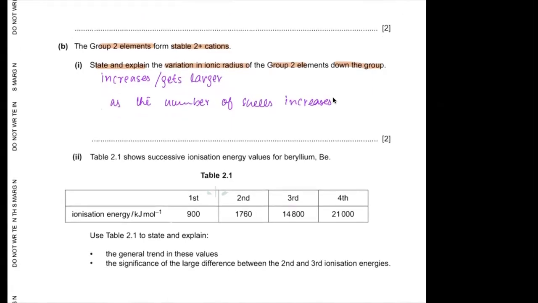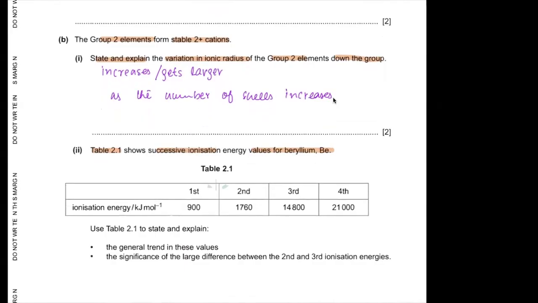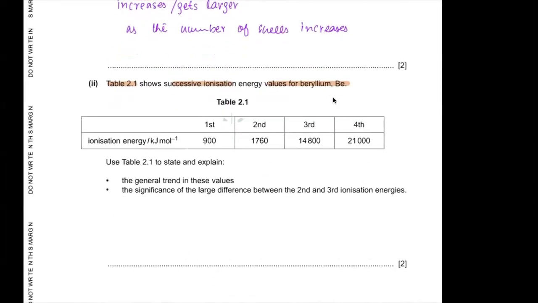Okay. Now, table 2.1 shows successive ionization energy values for beryllium. That is the first element in group 2. Use table 2.1 to state and explain the general trend in these values, and the significance of the large difference between the second and third ionization energy.